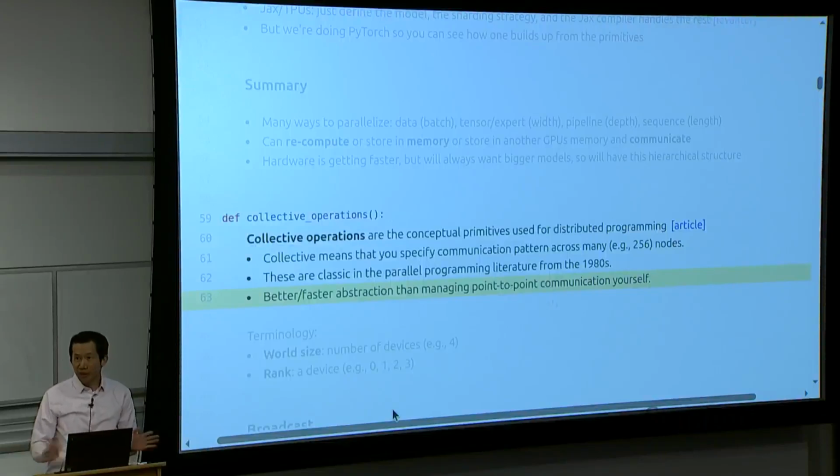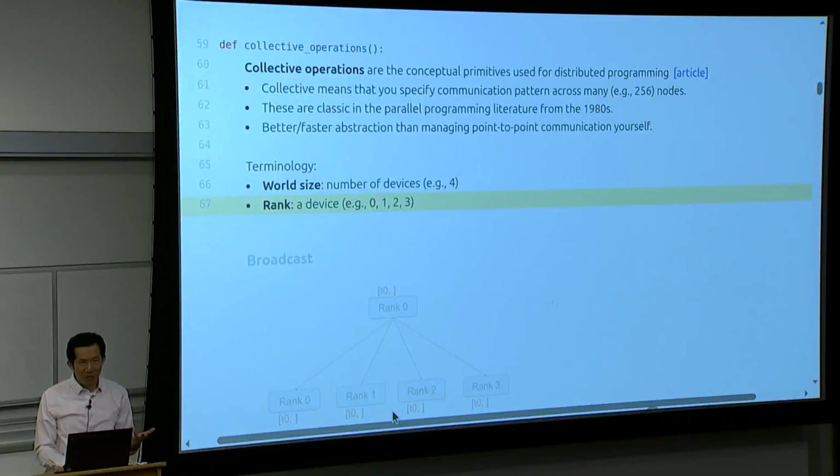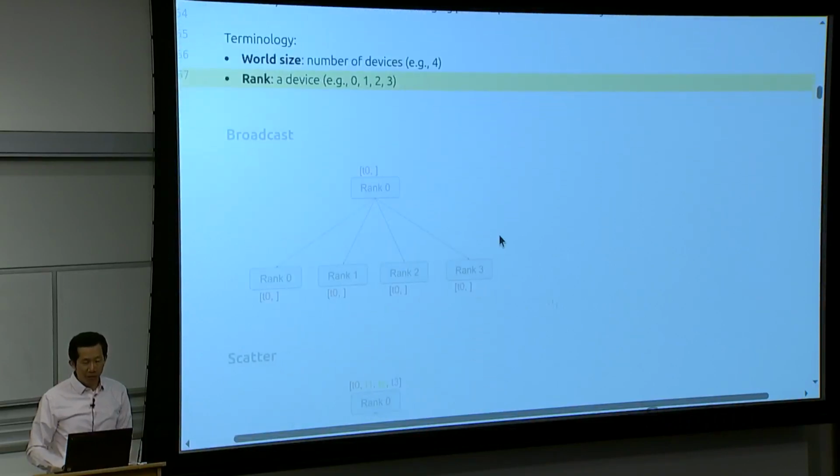So these are really tried and true primitives that have stood the test of time. A bit of terminology: world size refers to the number of devices, for example, 4, and the rank, sort of confusingly if you're used to linear algebra, just refers to a device. So we have rank 0, rank 1, rank 2, and rank 3 if you have 4 devices. Okay, so the collective operations are as follows.